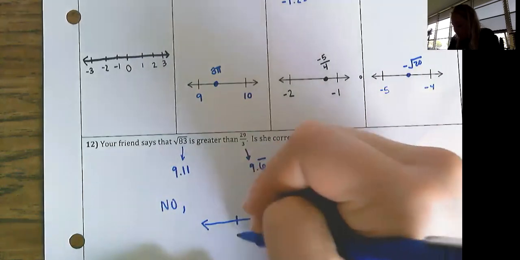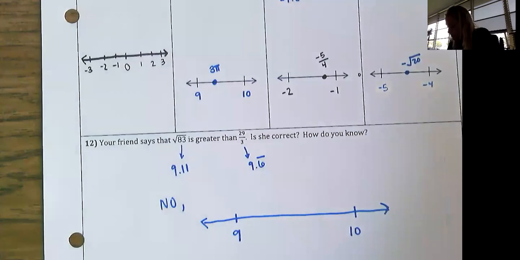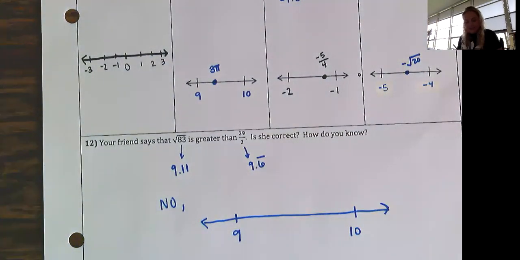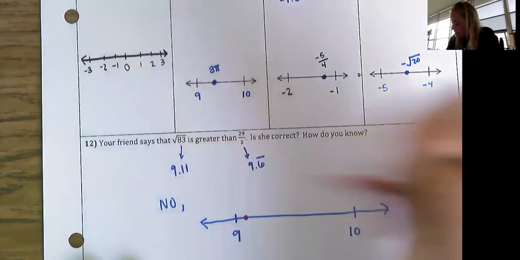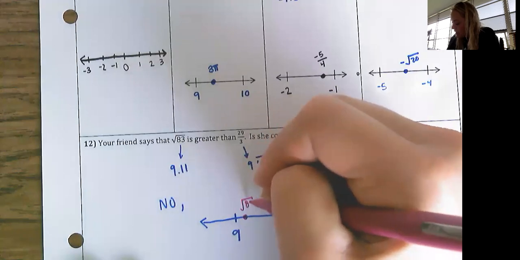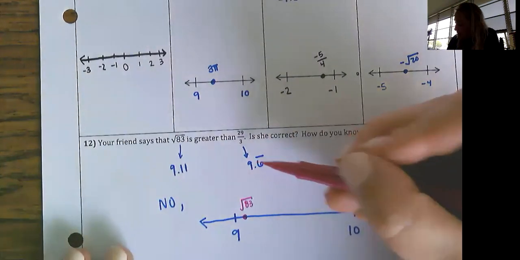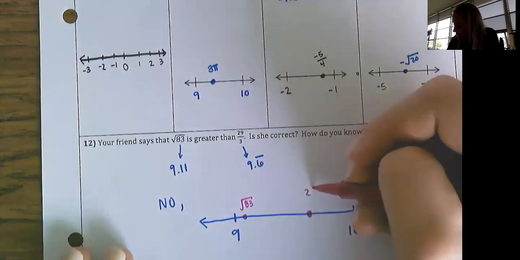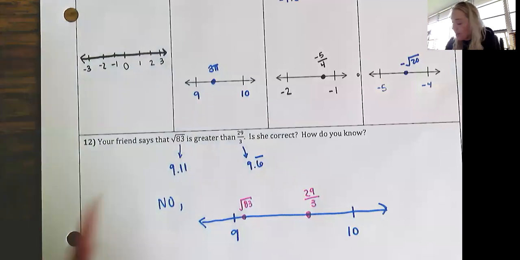I'm going to put 9 on this number line, and I'm going to put 10 on this number line. Now, if I were to put where 9.11 is, it's going to be just barely past 9. It's going to be somewhere like here. So I'm going to mark that square root of 83, because that's a little bit past 9. It's 9.11 approximately. And then 9.6 repeating is going to be a little bit past halfway, and that's our 29/3. Sorry, friend, you're wrong.